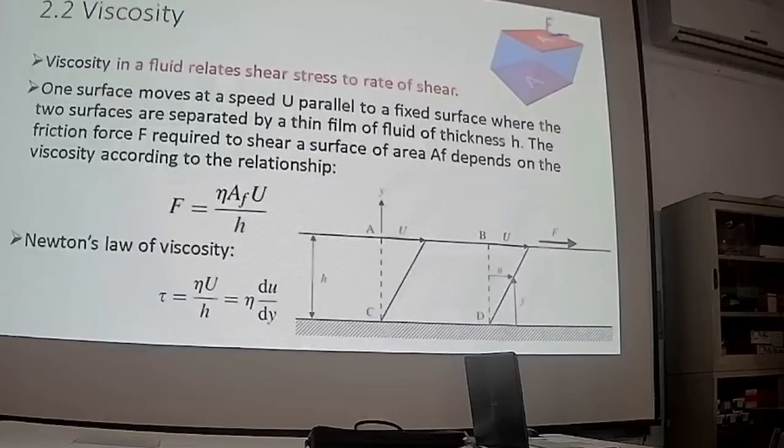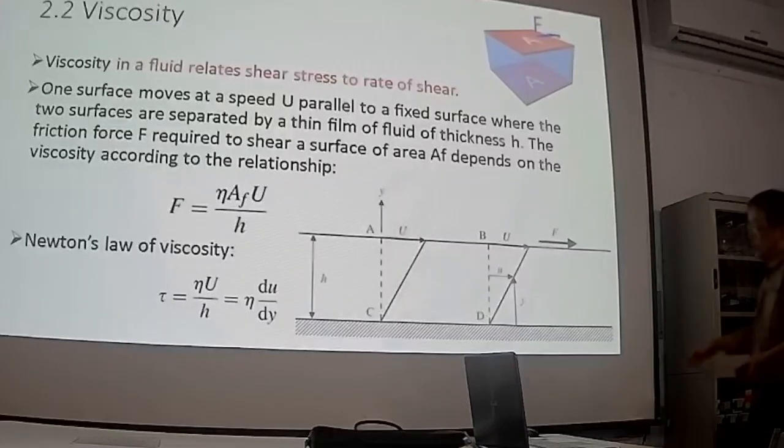this is a formula called Newton's law of viscosity. The shear stress for this fluid will be governed by the viscosity of the lubricant multiplied by the velocity of the lubricant divided by the film thickness of the lubricant.